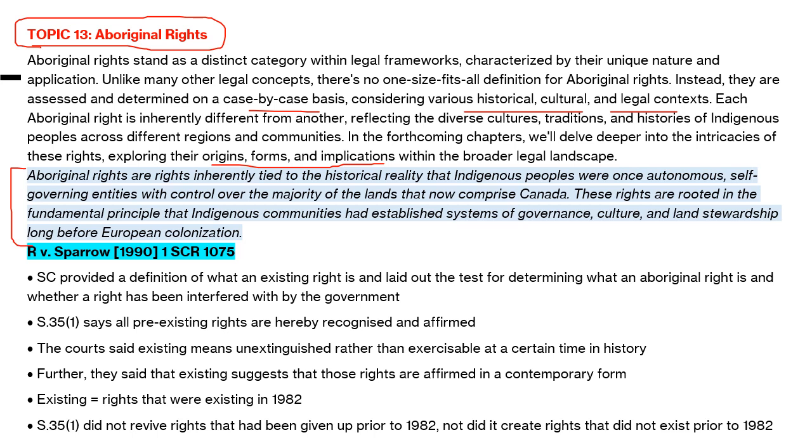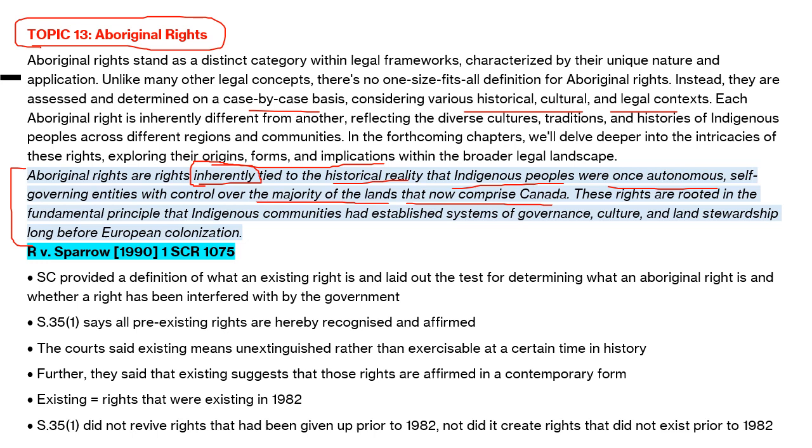These are rights held inherently. They got these rights by inheritance, tied to the historical reality of indigenous people. So where are these rights coming from? They come from the reality that they were once autonomous, self-governing entities, with no control by any other government over the majority of the land that now comprises Canada.